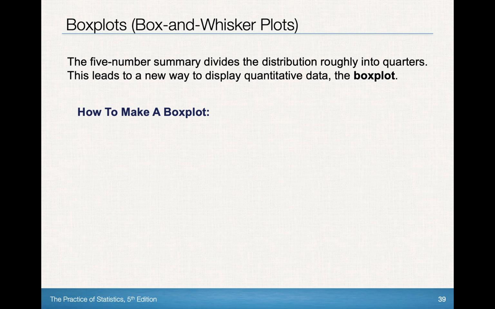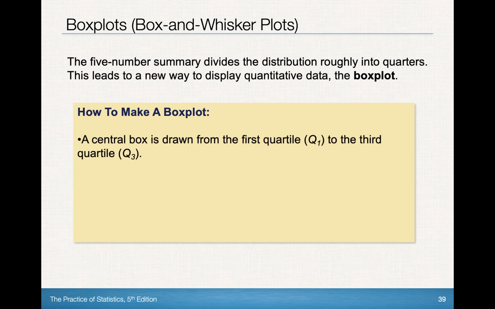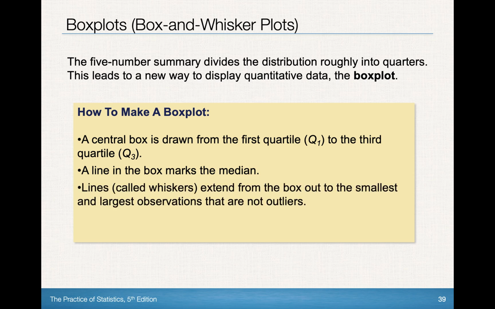A box and whisker plot takes this 5-number summary and puts it into a picture. Okay, so we call it a box and whisker plot. So to make a box plot, you want to draw a box to represent Q1 to Q3, a line that marks the median in between Q1 and Q3, and then lines called whiskers that extend out to the smallest and largest observations.